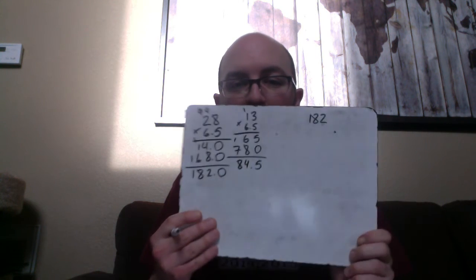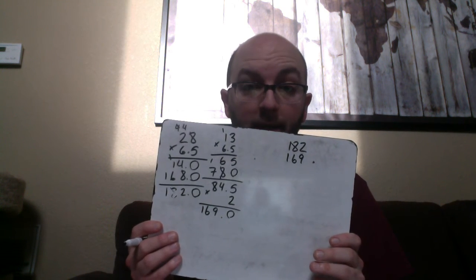Add that all up, we get 84.5. Then we got to double that one. So times 2, right? There's a front and a back. 2 times 5 is 10. 2 times 4 is 8, plus 1 is 9. 2 times 8 is 16. So for the front and the back, altogether, we get 169, right? 13 times 6.5, and then doubled, because there's 2 of them.